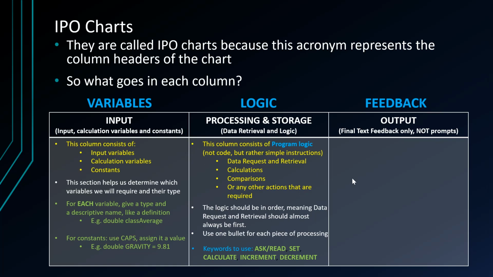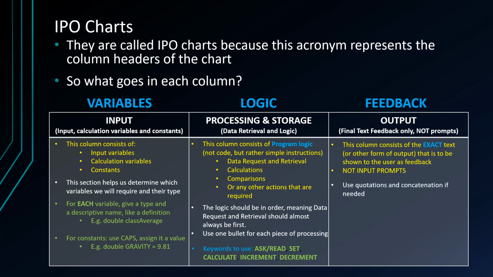So on here, this column consists of the exact text. So we're going to use plus signs to kind of group and concatenate text and variables just like we normally would. But again, it's not for input prompts or anything like that. It's just the actual text. We're going to use quotation marks so we can specify what is text and what is a variable.